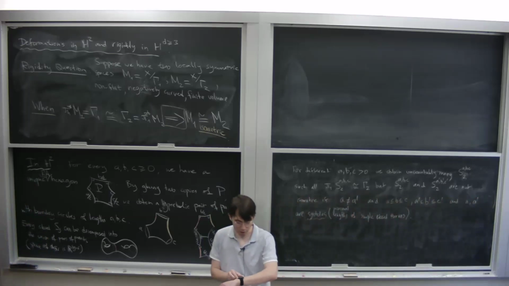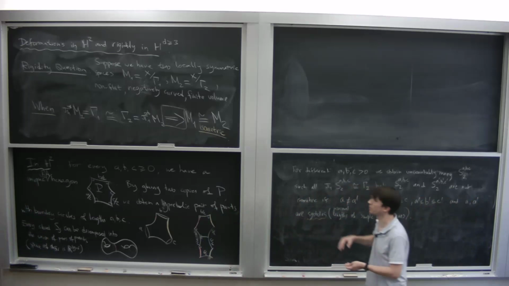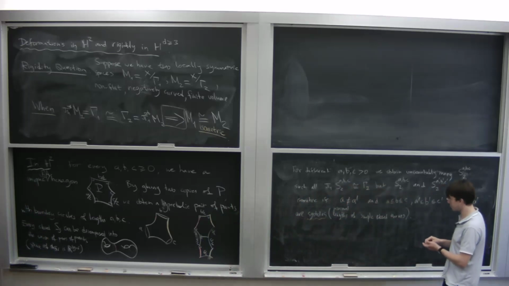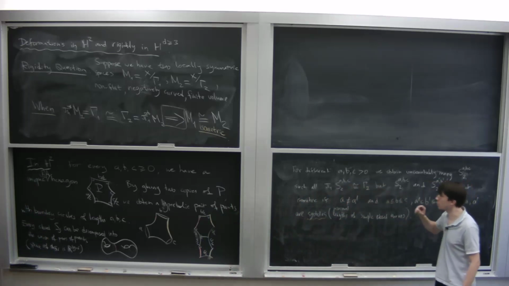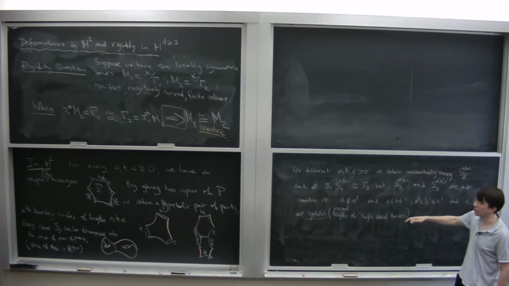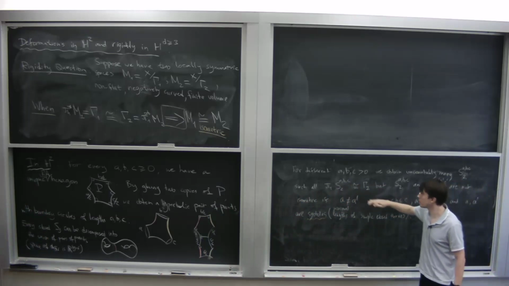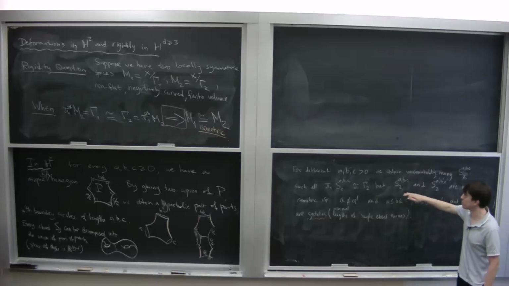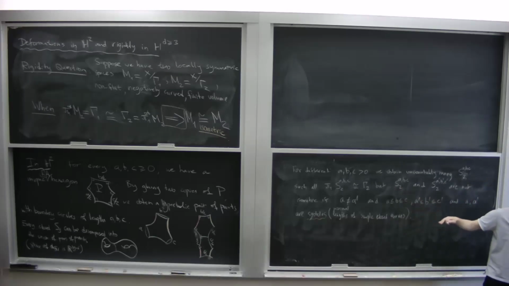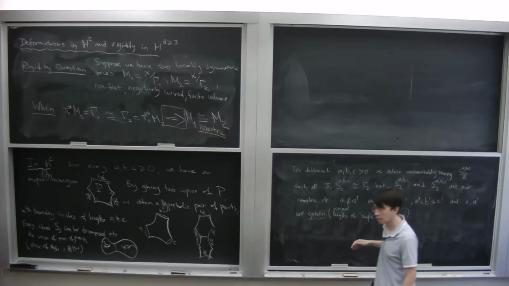Let me continue. I just need 2 minutes to conclude. So here we obtain infinitely many closed surfaces with the same fundamental group, but which are isometrically very different.